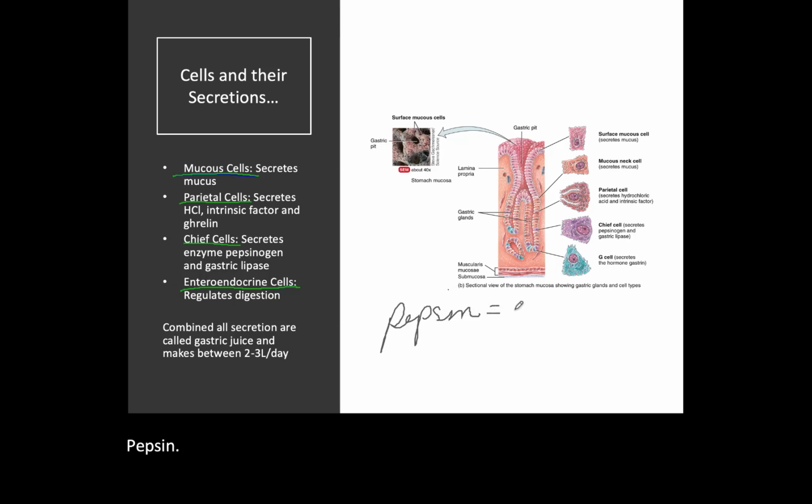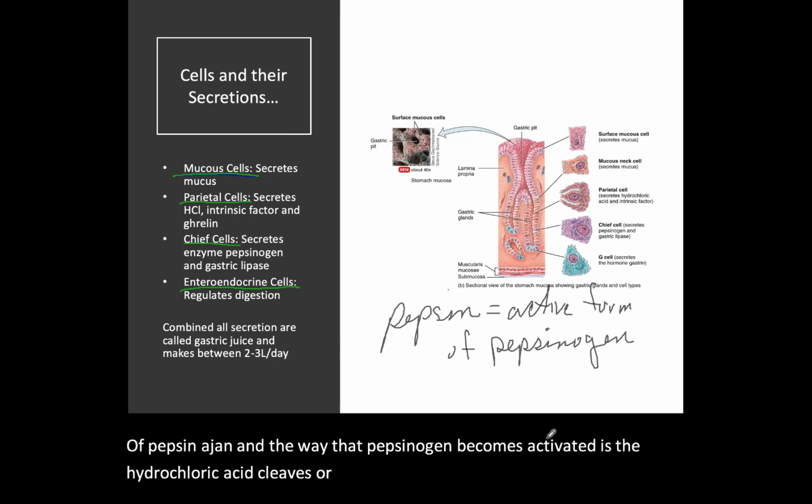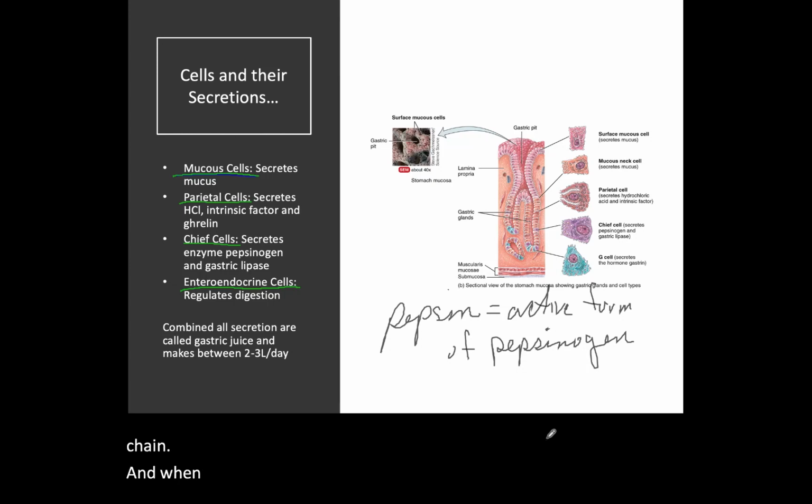Right, so pepsin is the active form of pepsinogen. And the way that pepsinogen becomes activated is the hydrochloric acid cleaves or shortens pepsinogen into a much shorter chain. And when that happens, you create pepsin.